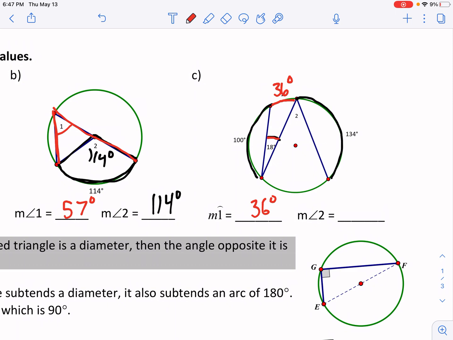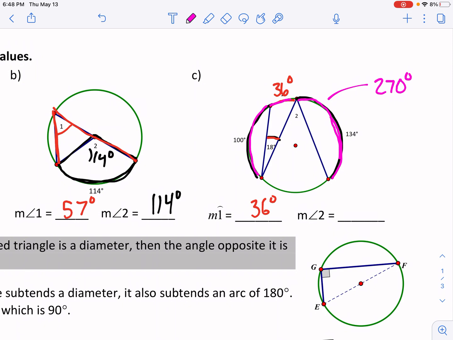Now that's useful because to find the measure of the remaining arc here, we know the arc measure all the way around a circle is what? 360, right? Well, we know 3 pieces of it. We have 100, 36, and 134. If we add those pieces together, that's going to tell us how much of the arc measure is between those 3 pieces. So take 100 plus 36 plus 134, and that arc measure is 270 degrees.